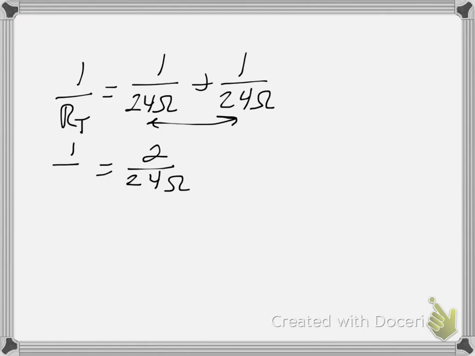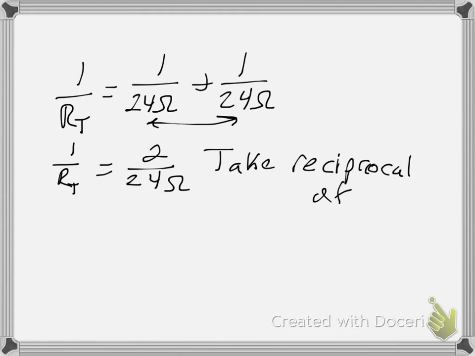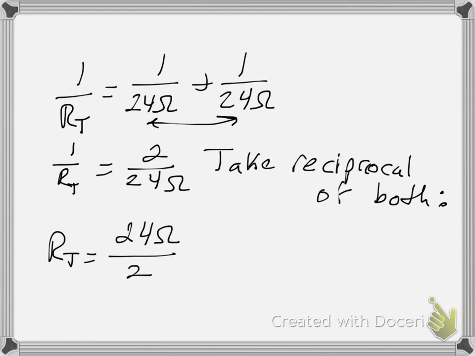And now that I have this, I can take the reciprocal of both sides, and I get RT equals 24 ohms over 2, or 12 ohms.